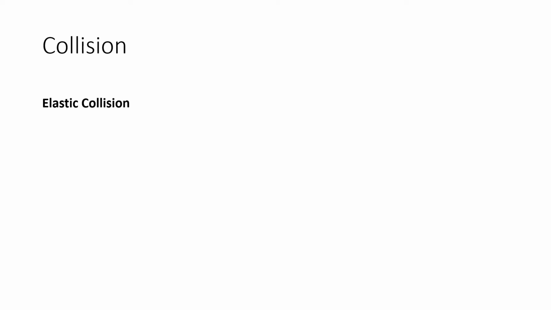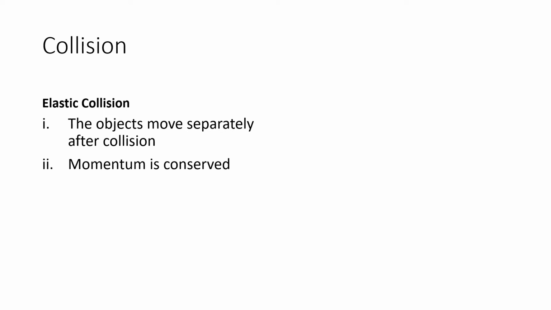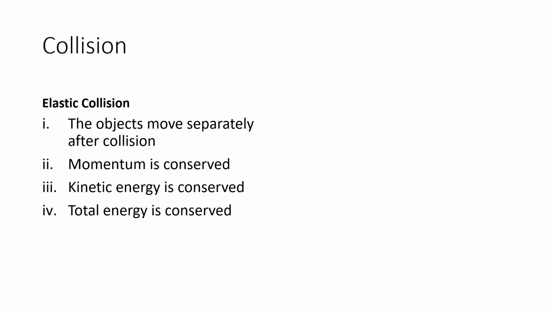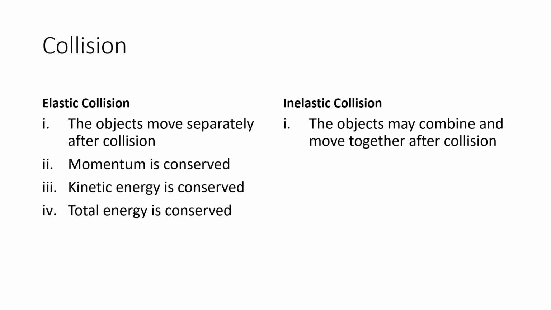For elastic collision, the objects move separately after collision, as I showed just now. Momentum is conserved, kinetic energy is conserved, and total energy is also conserved. Now let's look at inelastic collision. The objects may combine and move together after collision.